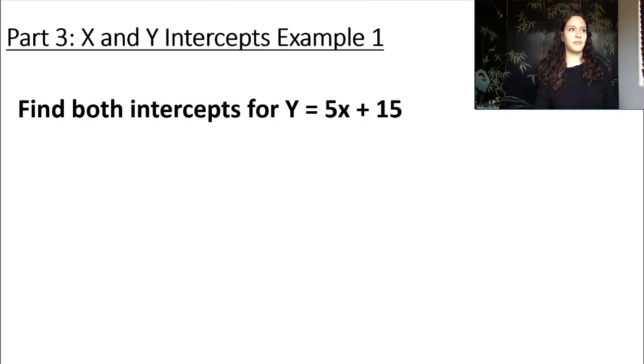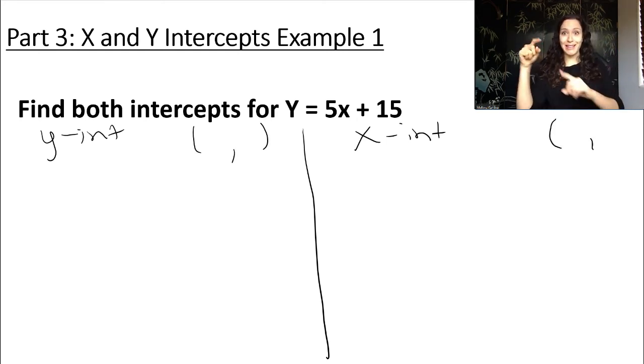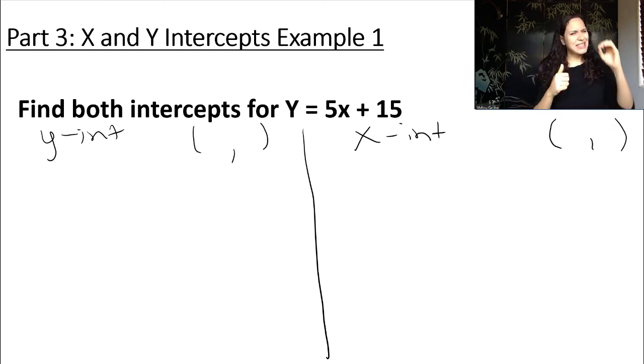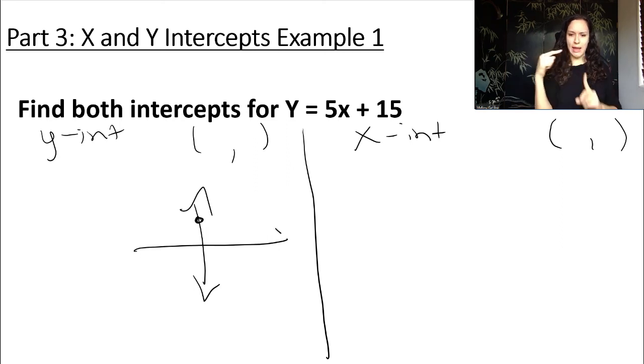So find both intercepts for y equals 5x plus 15. Okay, so I'm going to split the screens for organization. So let's just say I'm going to find my y-intercept over here and my x-intercept. Whoa, which one equals 0? Well, y-intercept, I can visually figure it out. I know y-intercept is somewhere where it crosses the y.